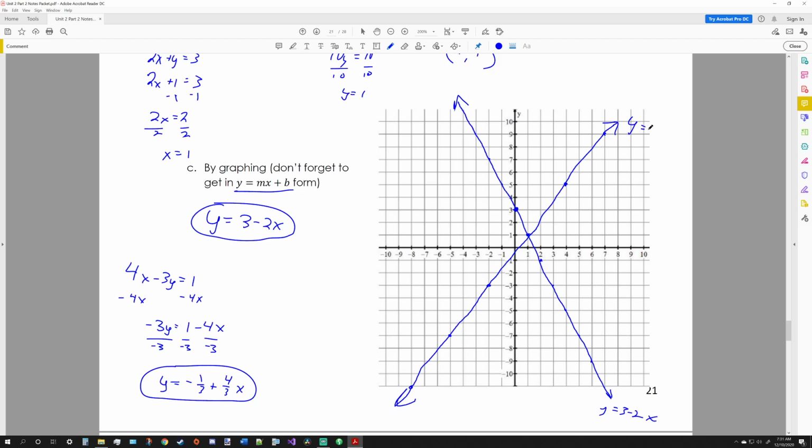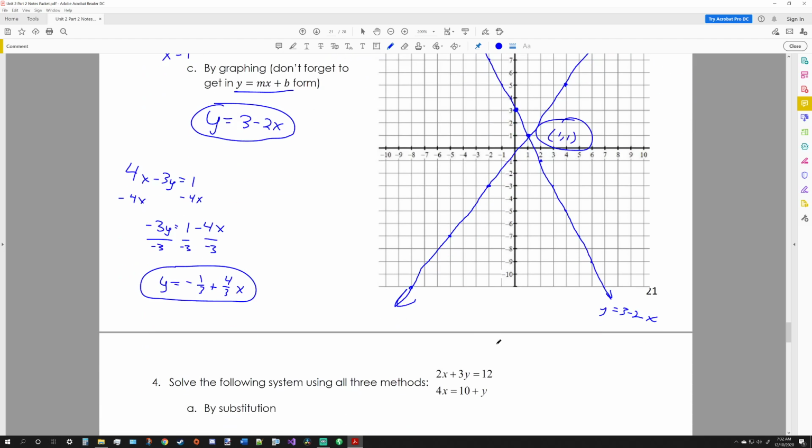And that's y equals -1/3 plus 4/3 x. So remember to label your lines because we have more than one on the same graph. And there's our intersection point at 1, 1, which is our solution to the system.